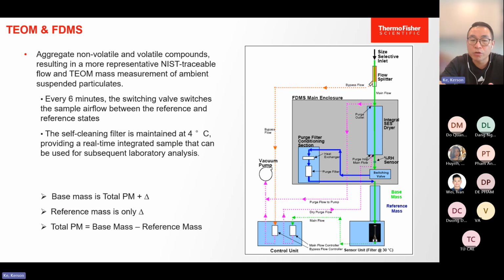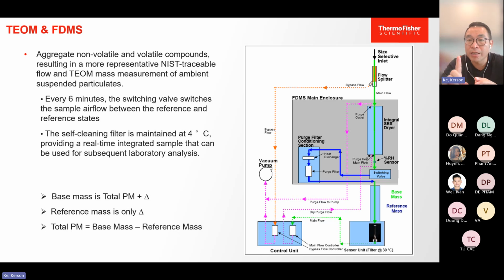But after 6 minutes, we switch to the reference mode, and something changes. The switching valve will direct the sample to this 47 millimeter filter, and this filter will filter all the particles. Okay, during these 6 minutes, the TEOM collects nothing, but it still vibrates, right?